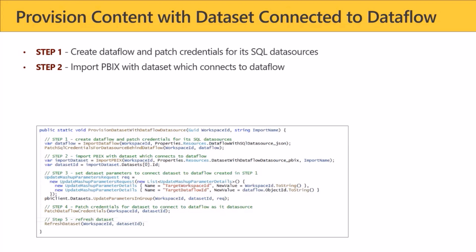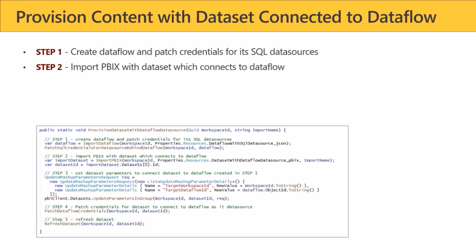So what this demo does is it imports a PBIX file, but when you create a PBIX file in Power BI Desktop, you can't really connect it to this data flow because it hasn't been created yet. So what the demo does is, we've created a workspace and we've created a data flow. So we can get the IDs of both those, and then we can pass them as parameters to the Power BI data set so it can connect to that data flow.